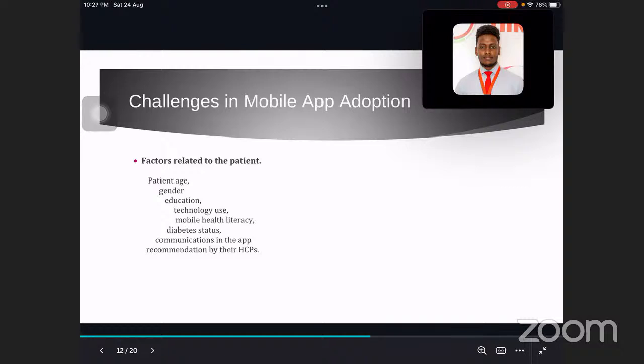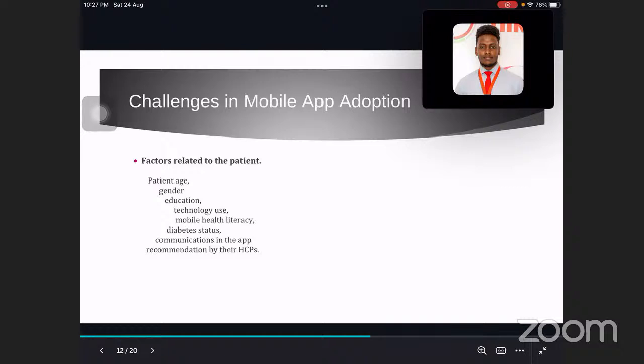Firstly, the factors related to the patient, like patient age: younger patients are more likely to use mobile apps in managing their diabetes condition. And gender: according to studies, mobile app technology in the management of disease is more likely used by females than males.